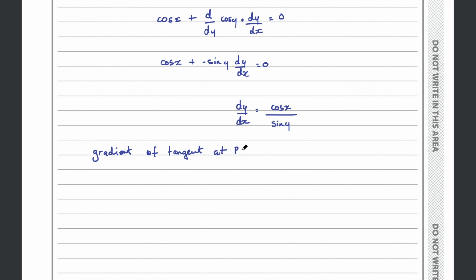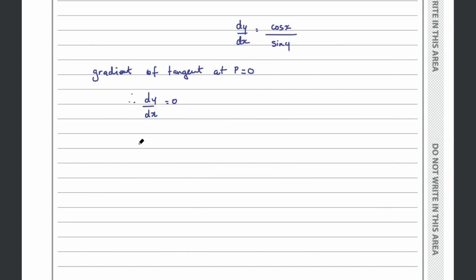So the gradient of the tangent at P equals 0. So therefore dy on dx equals 0. So therefore cosine x over sine y equals 0. Then we can just multiply by this sine y on the right hand side and we can get rid of it. So therefore cosine of x equals 0.